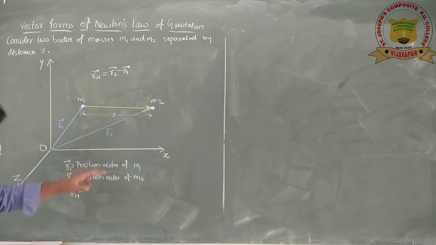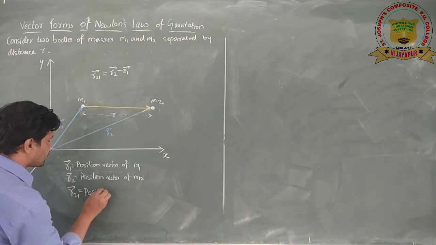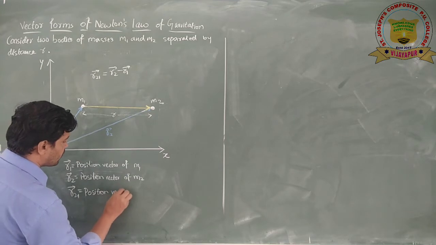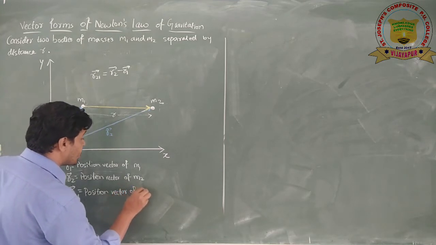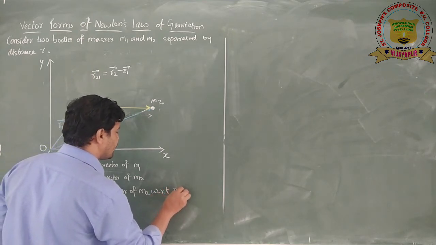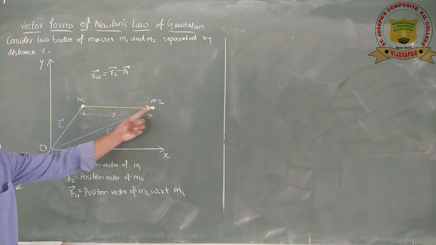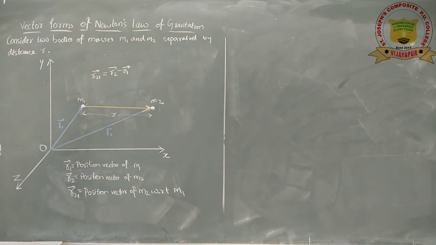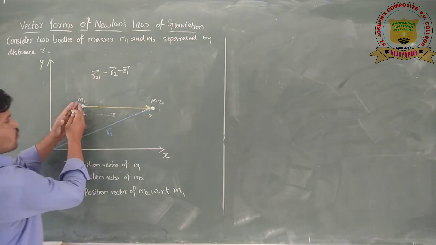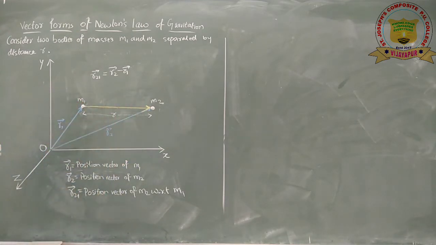That means r21 is the position vector of m2 with respect to m1. Its direction starts from m1 and ends at m2.